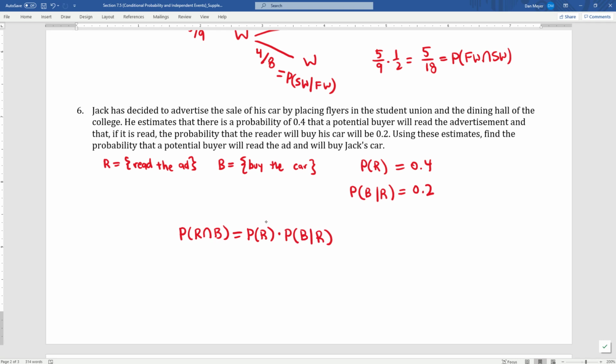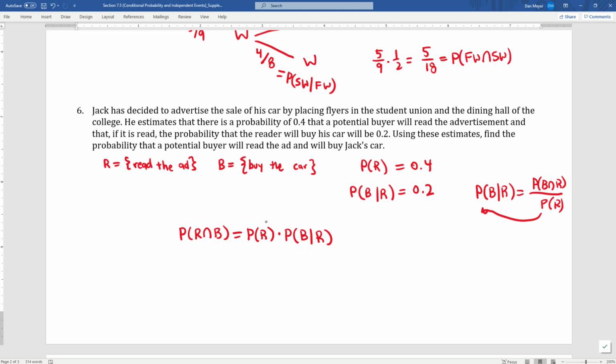Again, this product rule comes from our basic conditional probability formula. You just take it and multiply on both sides by the probability of R. That's where this product rule comes from.